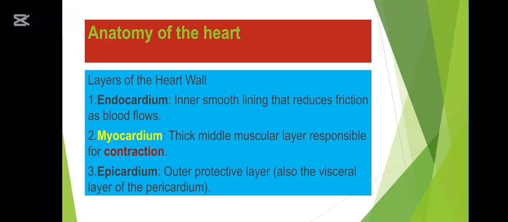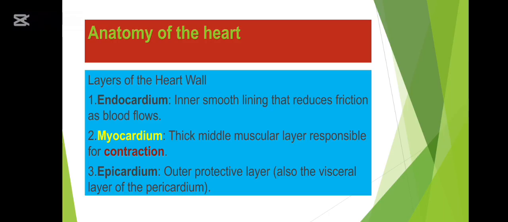So now, when we look at the anatomy of the heart, the heart is made up of muscles. The muscle of the heart, which is the cardiac muscle, is made up of 3 layers. We have what we call endocardium, which is the inner smooth lining that reduces friction as blood flows, because it's smooth.